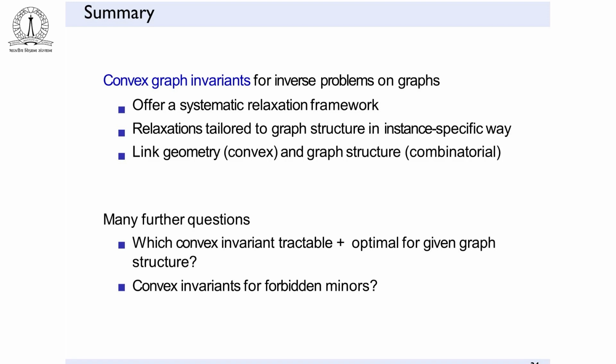There are other situations, maybe pet topics that I've spent a lot of time thinking about. They show up in some applications, but they're maybe more of mathematical interest. But convex invariants for forbidden minors is an interesting question that I don't have very much to say about. But from the perspective of applications, question one is the interesting and relevant one.